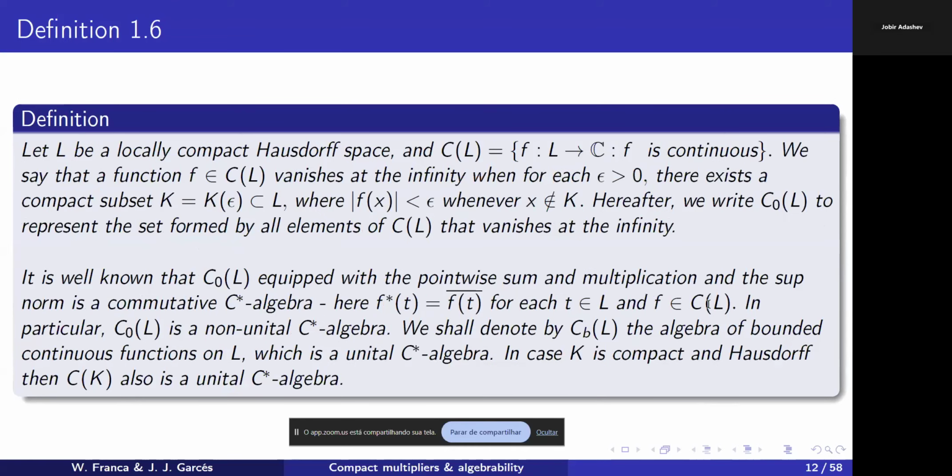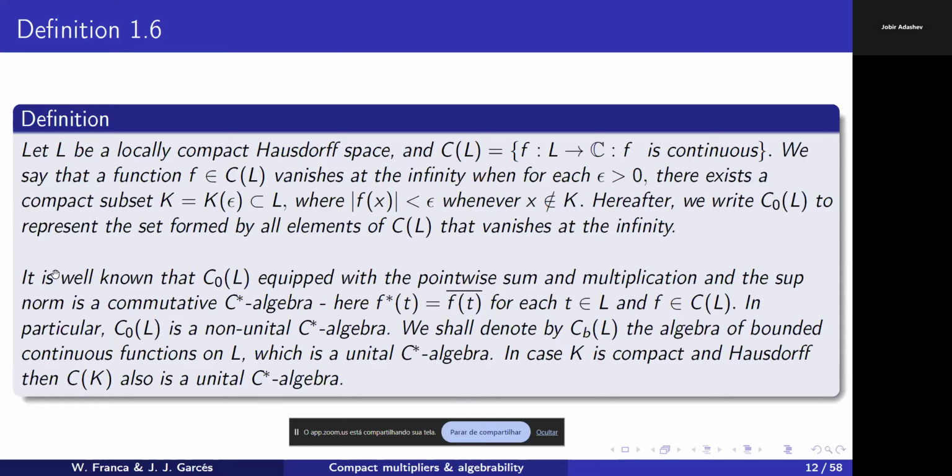Now let me present one more definition. Let L be a locally compact Hausdorff space, and as usual, C(L) stands for the set formed by all continuous functions from L to C. We say that a function vanishes at infinity when for each positive epsilon we can find a compact set K where your function is bounded by epsilon whenever x is not in K. So from now on, we write C0(L) to represent the set formed by all functions that vanish at infinity.